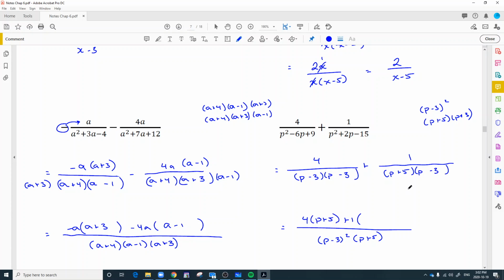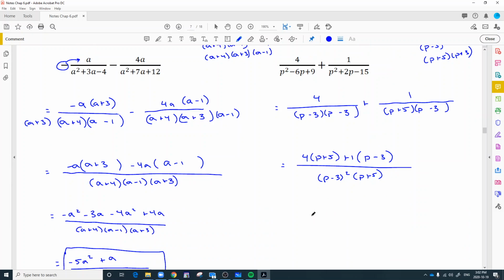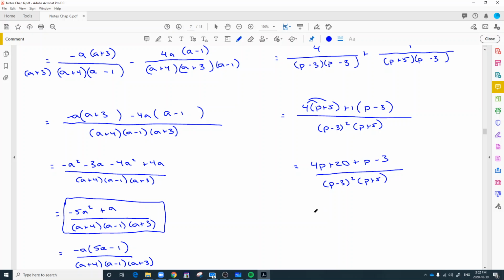The plus 1 would have to get multiplied by the P minus 3. And then we simplify. Multiplying the 4 through, you get 4P plus 20 plus 1P minus 3 all over P minus 3 all squared times P plus 5. And then you're going to simplify.